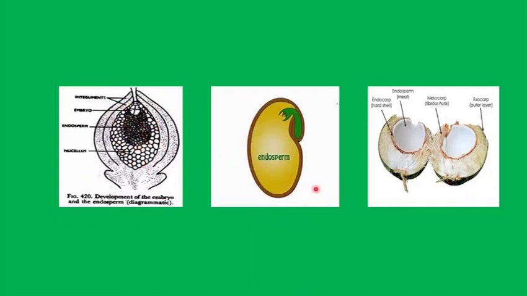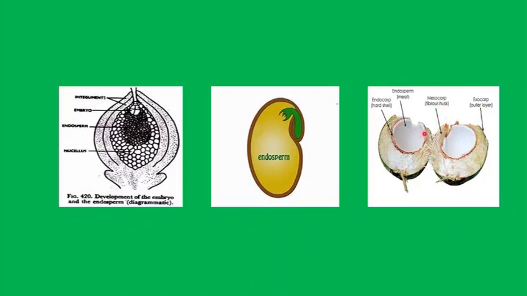This is an example of a seed which shows the endosperm, which provides food for the developing embryo or plant. Another example is the tender coconut. The outer green part of the coconut is the exocarp. The fibrous husk in the middle forms the mesocarp, and the hard shell forms the endocarp.